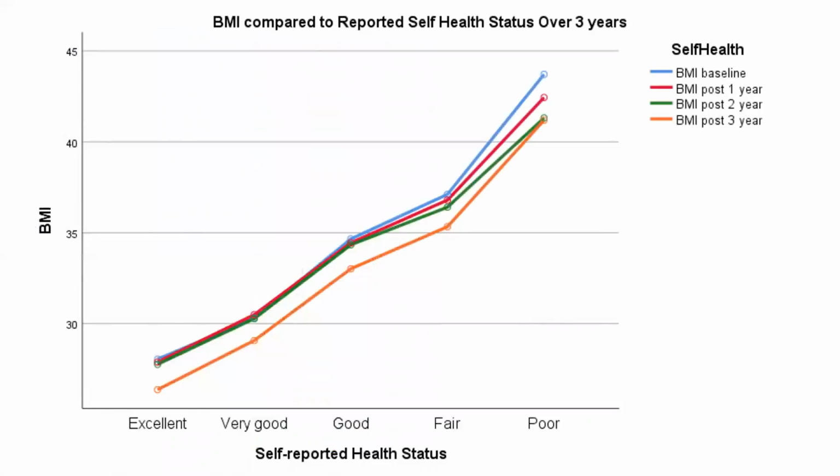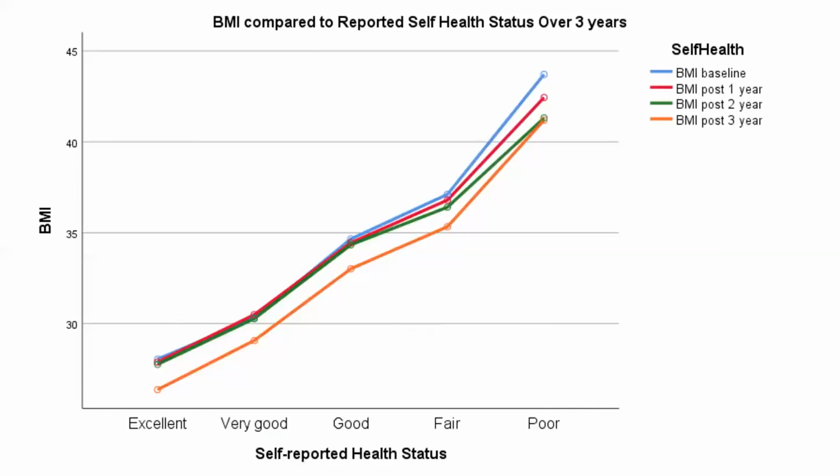And again, this is the line graph. Even if you look at your descriptives and didn't necessarily believe them so much, you can see right here that your self-reported health statuses are on the bottom row and your BMI is on the side. As BMI continues to rise from healthy weight all the way up to overweight, obese, etc., the self-reported health status basically follows suit.